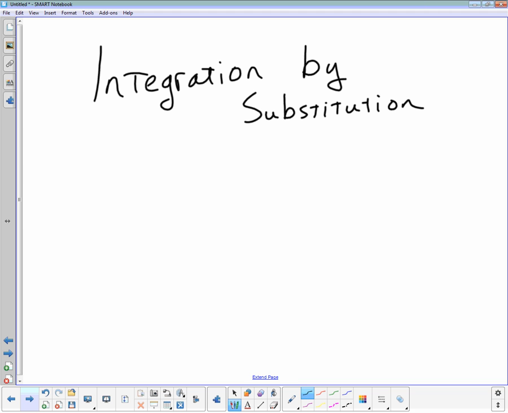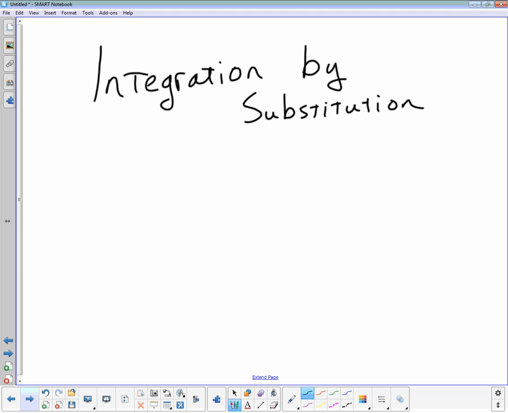Integration by substitution is, in my opinion, one of the most powerful tools of integration that we have. It allows us to turn really ugly looking things into really simple things that we can integrate more easily. And strangely, you'll find that some of the results of these integrations are things that you would never expect them to be.